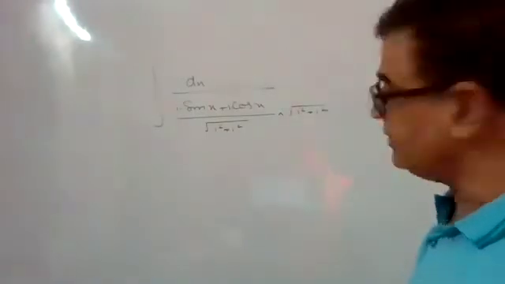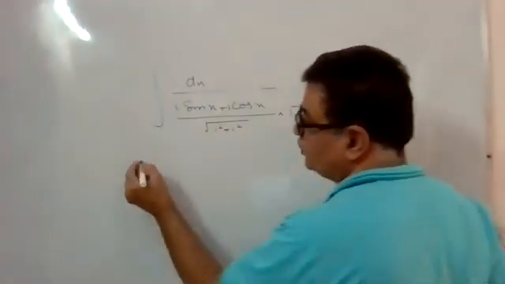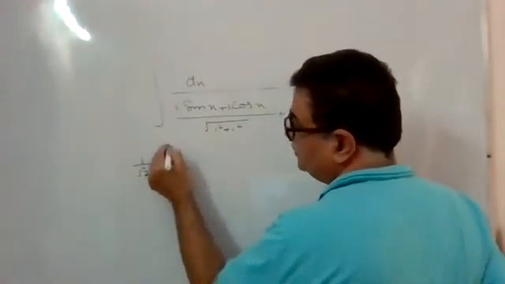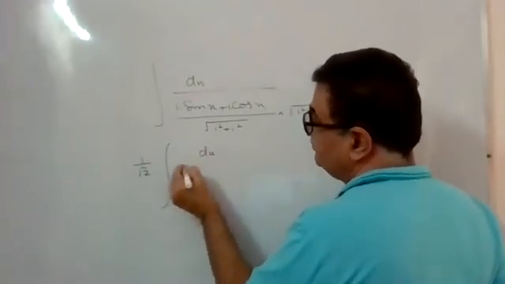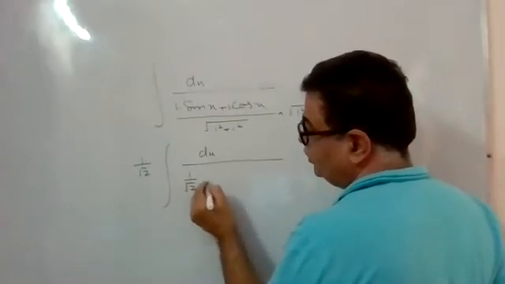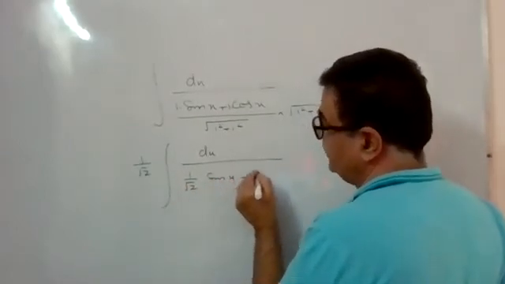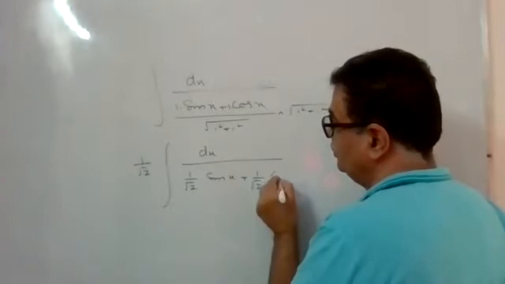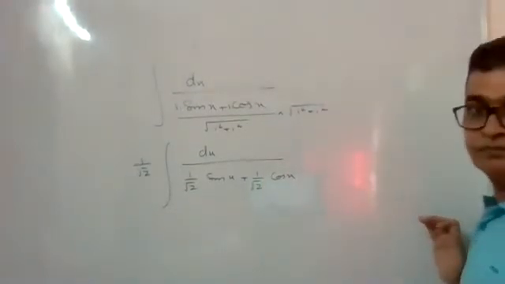Now how will it help? Just check. Root 2 goes out, so 1 by root 2. This I'll write as dx by 1 by root 2 sin x plus 1 by root 2 cos x.